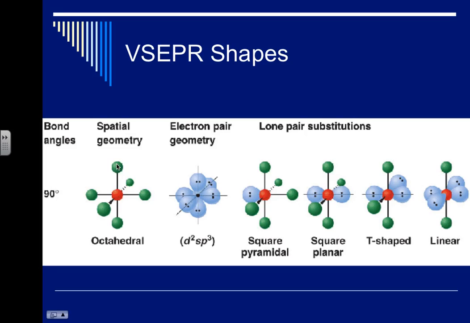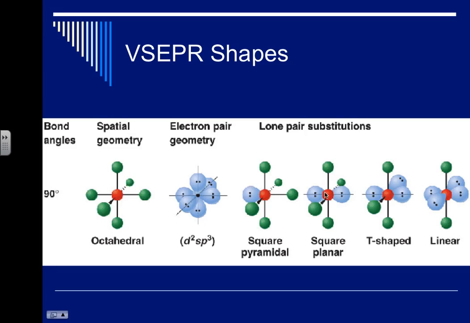Imagine this is the upper point of your pyramid, and connect a line down to each one of these, and that gives you your upper pyramid, and then do the same thing on the lower, and you've got a lower pyramid. Octa, the 8, comes because there are 8 sides in total on this structure. So octahedral, everybody's got a 90-degree bond angle. That's left to right, front to back, and top to bottom, so everybody's 90 degrees.